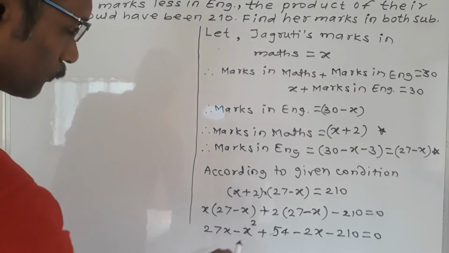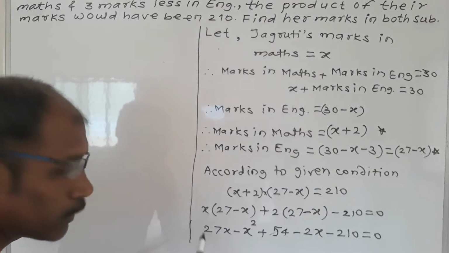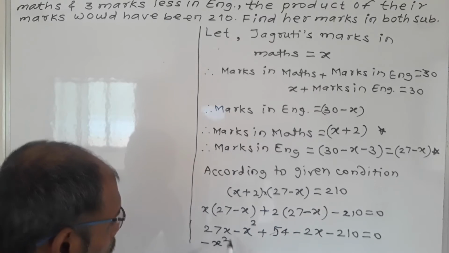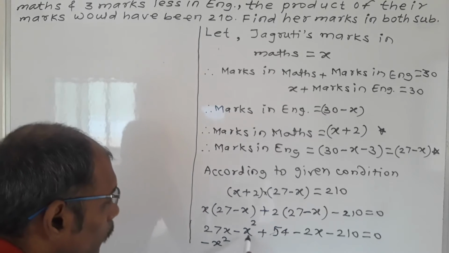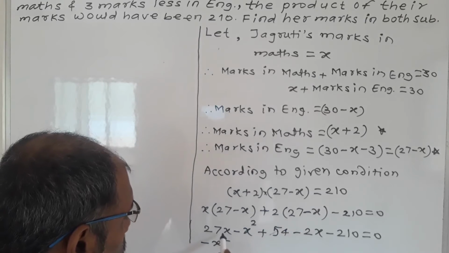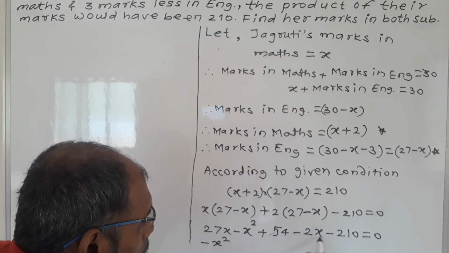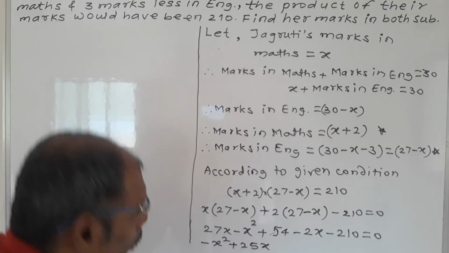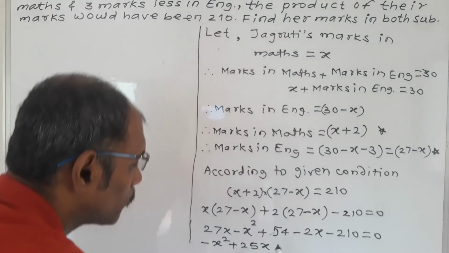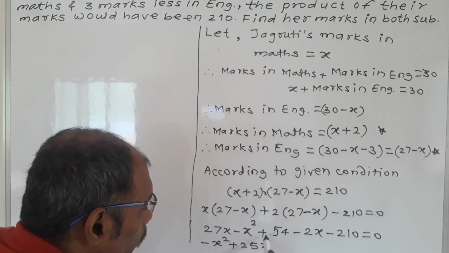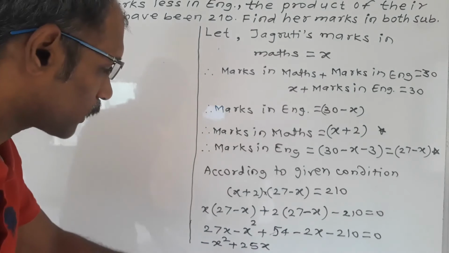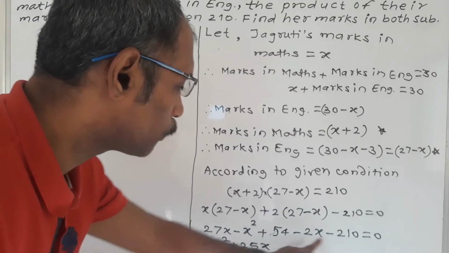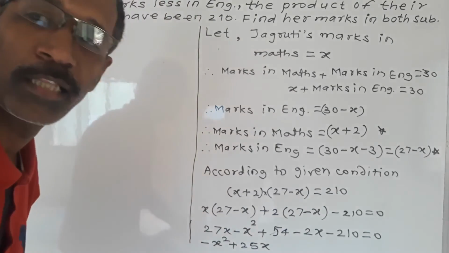Now here we write, see this carefully, minus x square, 27x minus 2x means plus 25x, and here minus 210 and plus 54, these are like terms. 27x and 2x like terms, 54 and minus 210 like terms.